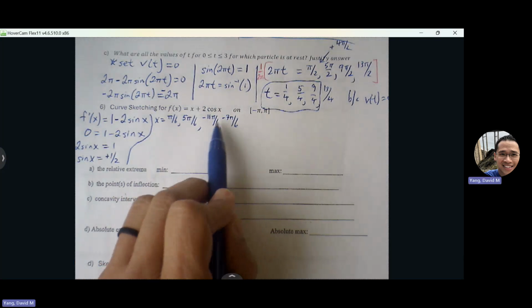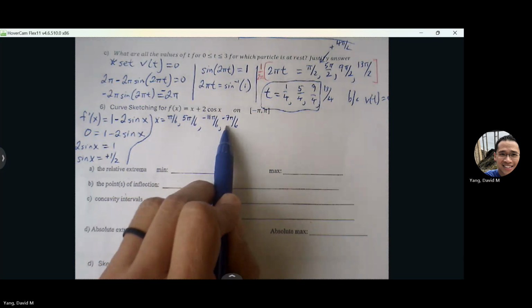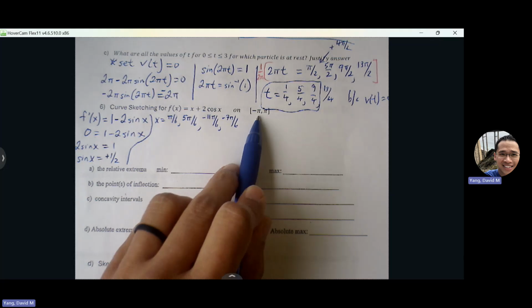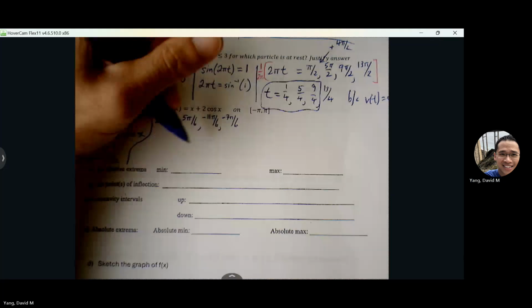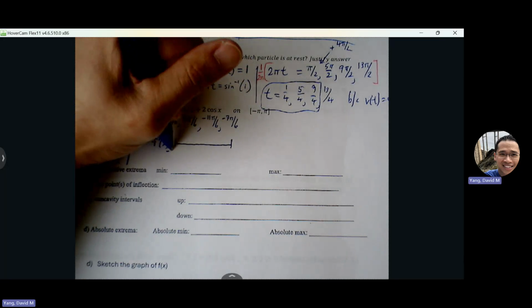Neither of the negatives are inside the interval, even though we tried to look for them. So only pi over 6 and 5 pi over 6. Look back in your f prime to test your slopes. And on the test, it'll be oscillating.